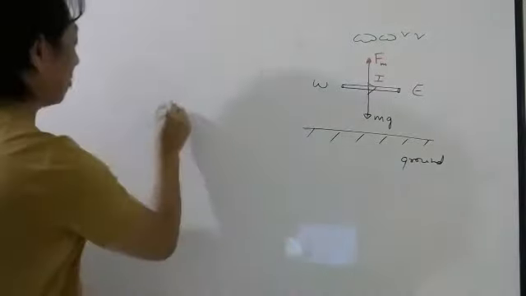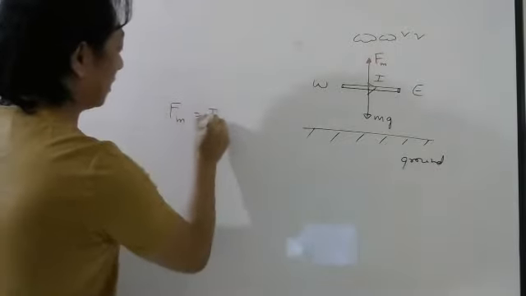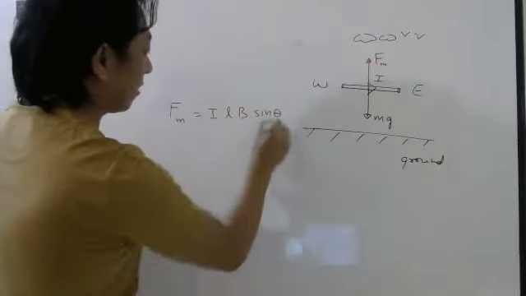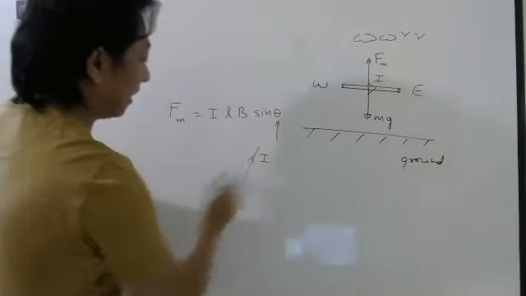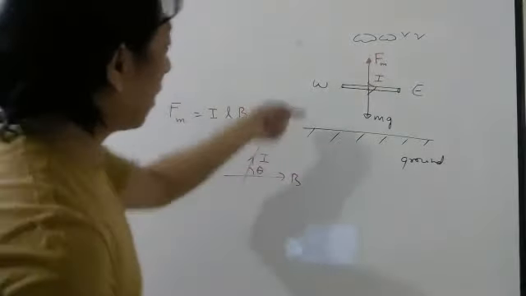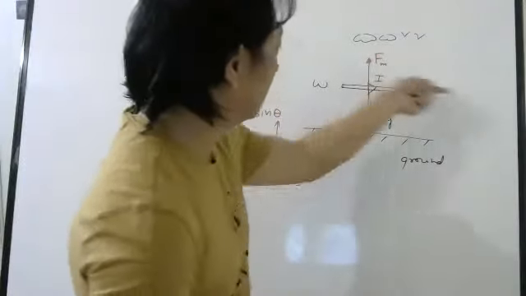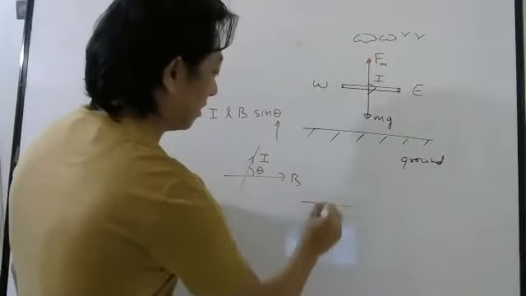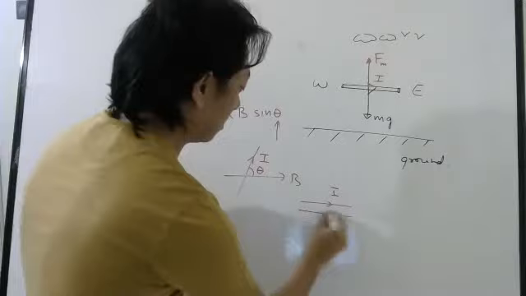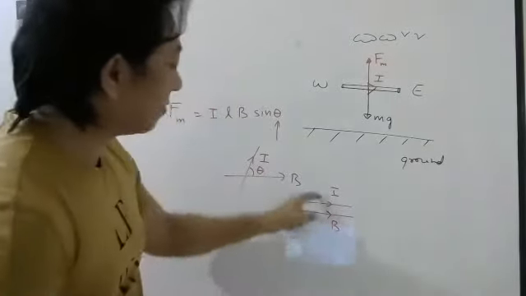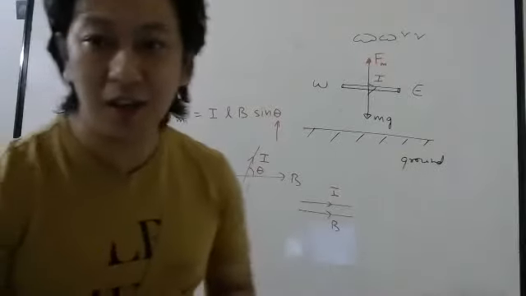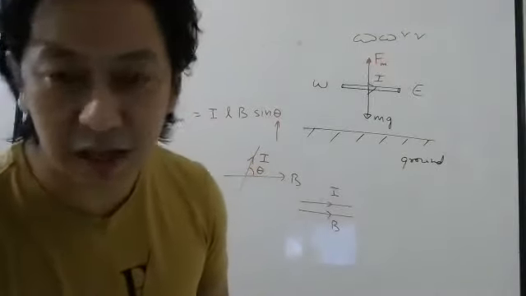What is the formula for magnetic force on a straight conductor? ILB sin theta. Theta is the angle between the current carrying wire and the magnetic field. The current carrying wire is from west to east. If the magnetic field is also east, then both are in the same direction, and force will be zero because theta will be 0 degree.